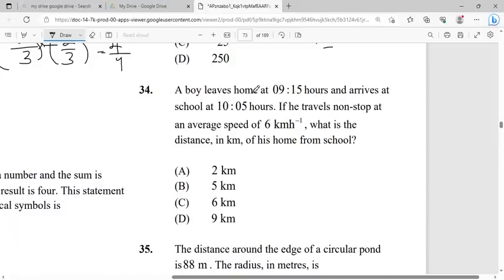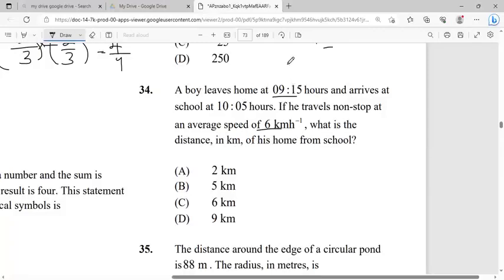So I say a boy leaves home at 9:15 hours and arrives at school at 10:05. If he travels non-stop at an average speed of 6 kilometers per hour, what is the distance to his school in kilometers? All right, let me just work out that part first.